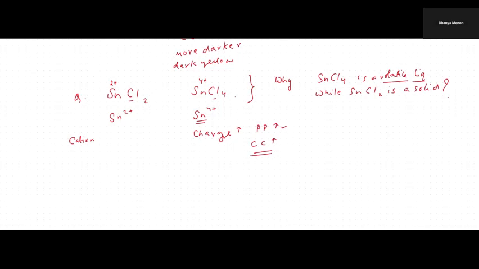And what about SnCl2? Here the charge is less, so less covalent character, and that is why it exists as a solid. Covalent character is there, but it is less.